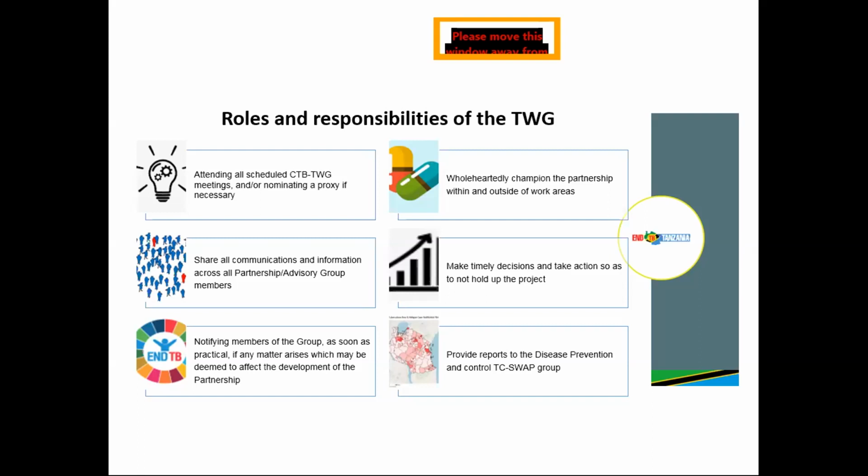Notify members of the group as soon as practical if a matter arises which can be deemed to affect the development of the partnership. Wholeheartedly champion the partnership within and outside the workplace. Make timely decisions and take action so as not to hold up the project. Provide a report to the Disease Prevention and Control Technical Working Group with the SWAP group.